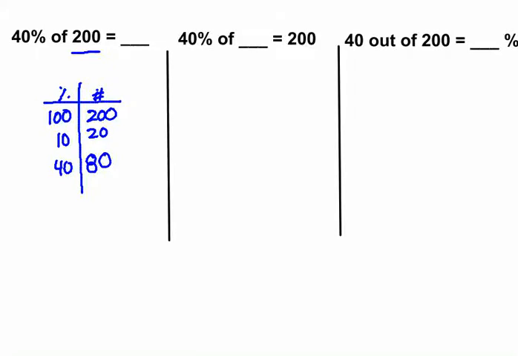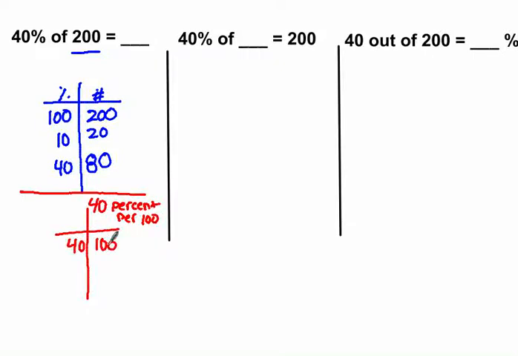An alternative way to start thinking about these types of problems, which may not be as useful for this, is thinking what percent means. So if you see 40%, that is 40 per 100. So it's a relationship of 40 per every 100. So this percent is like a part-whole relationship of 40 per a total of 100.